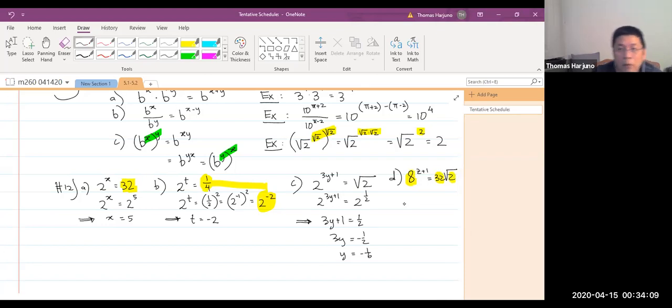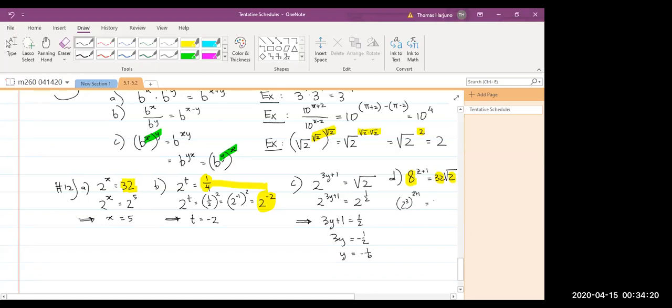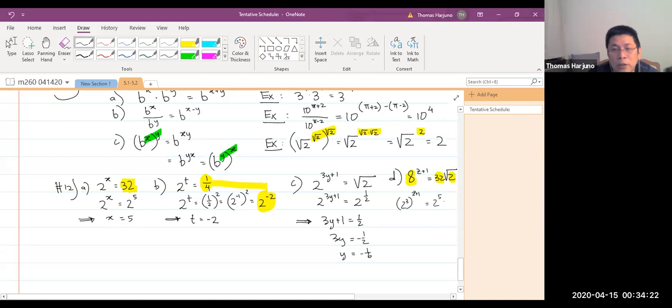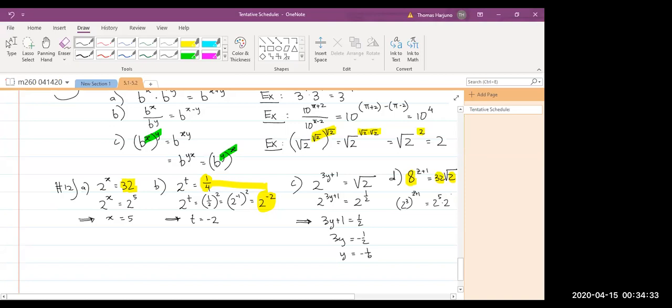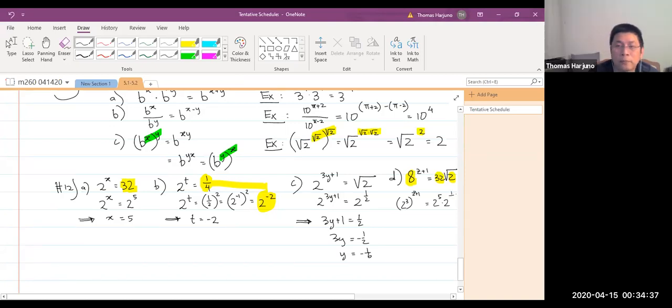So I will write 8 as 2 to the power of 3, to the power of z plus 1. The 32 will be 2 to the 5th, and square root of 2 is 2 to what power? Square root of 2? 2 to the 1/2.